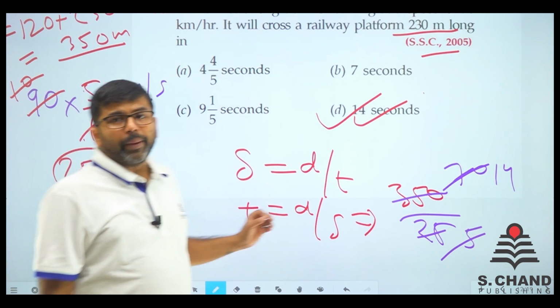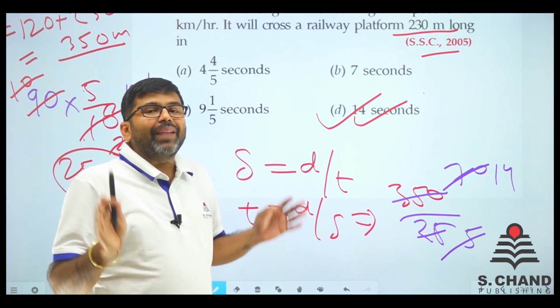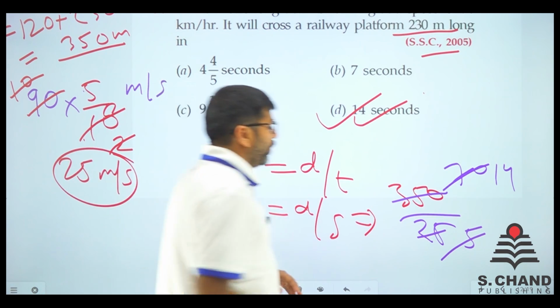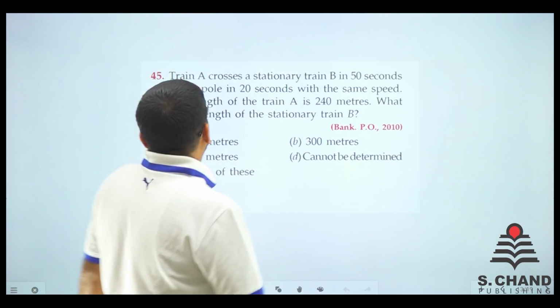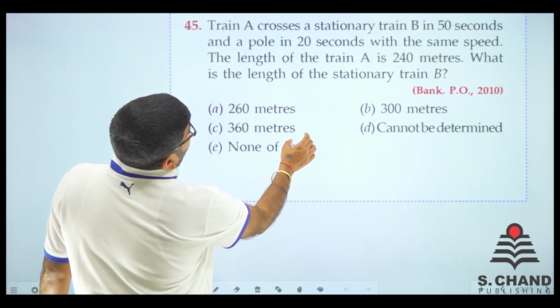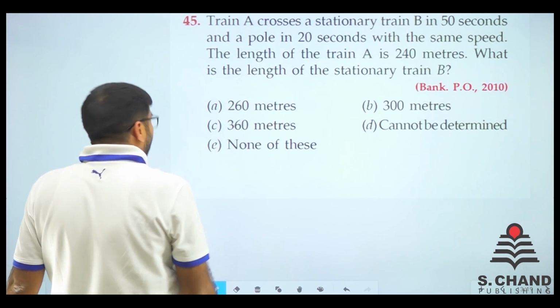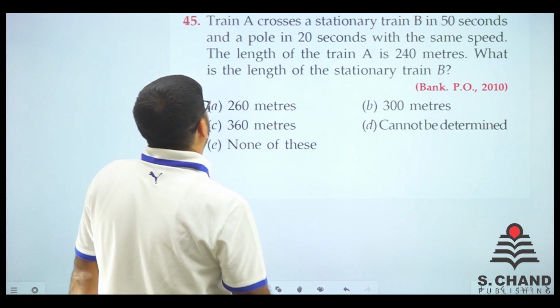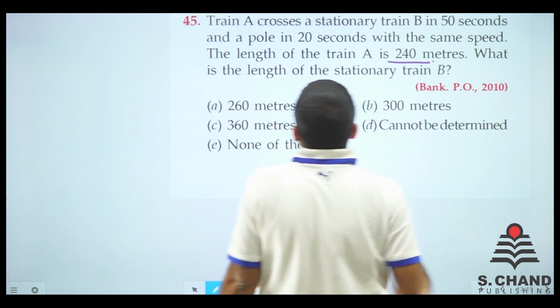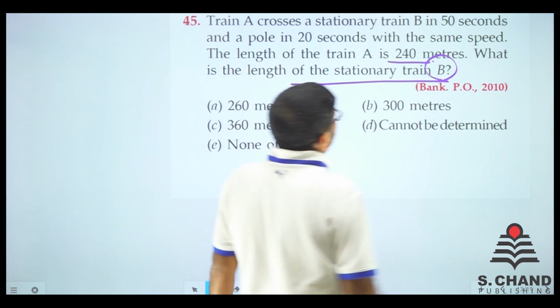So in this way, do the questions and the simplifications very easily, right? Move on to another question. Now we have train A that crosses a stationary train B in 50 seconds and a pole in 20 seconds with the same speed. The length of train A is 240 meter. What is the length of the stationary train B, right?